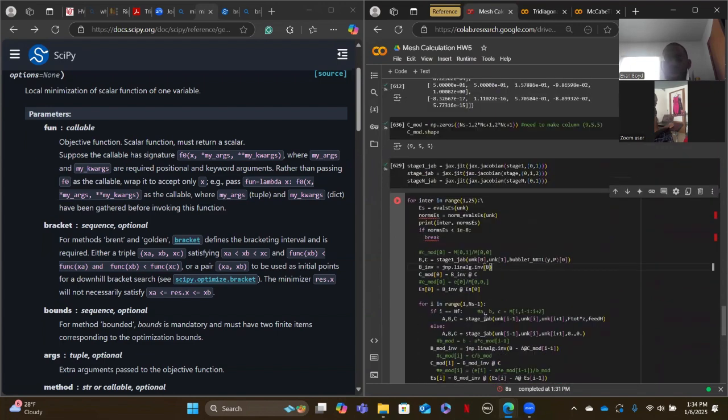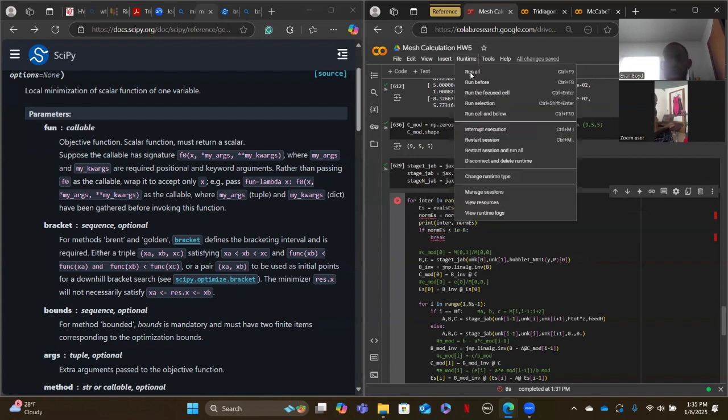Should be good now. Where's our norm? I mean, we're making a variable, so this should be fine. Let's just run it and see.